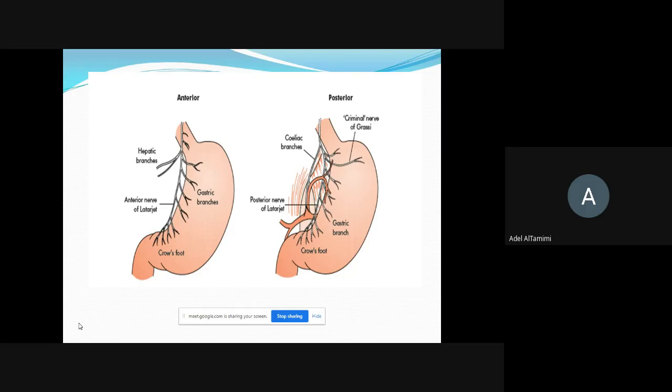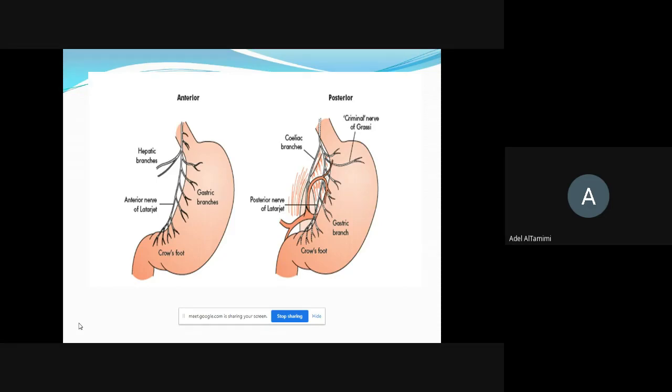We will discuss it later. If we want to do a vagotomy, we want to section the vagus nerve, we have to preserve this crowfoot in order to preserve the function of the pylorus. The pylorus needs to be relaxed during antral pumping, when the stomach completes its digestion, it pumps this digested food, called the chyme, into the duodenum by the action of antral pumping.